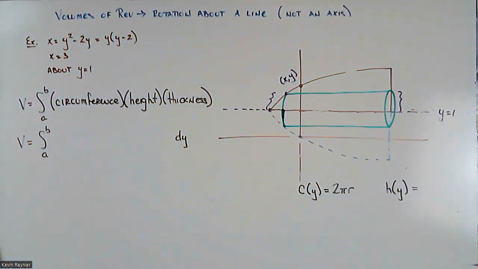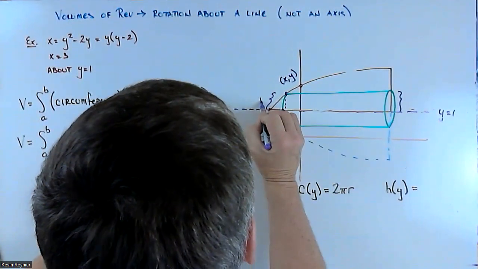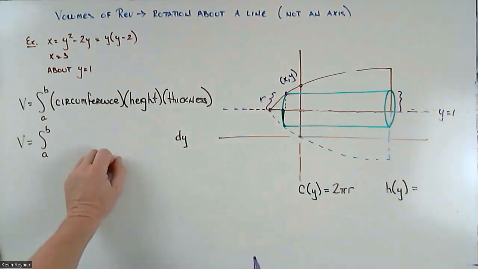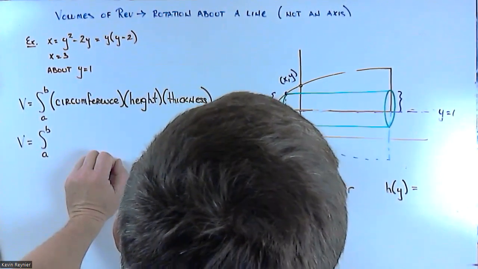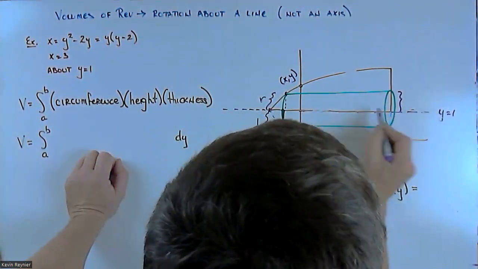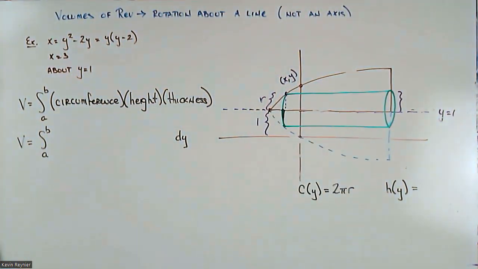And we're going to ask ourselves, how far is my radius? Well, I don't know how far that is. This is clearly the radius, so I'm going to label that r. Then I'm going to go from here, my axis of rotation, to my axis. I know that distance is 1 because this is the line y equals 1. This is the x-axis, so that is 1, right?